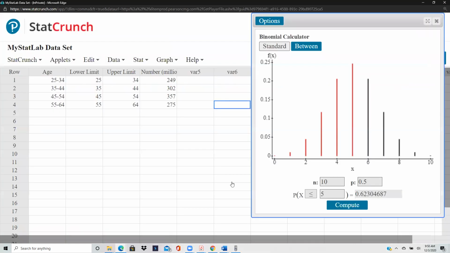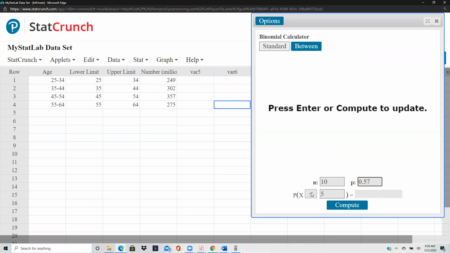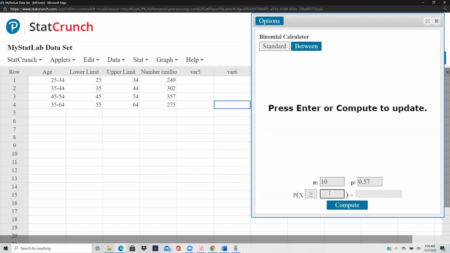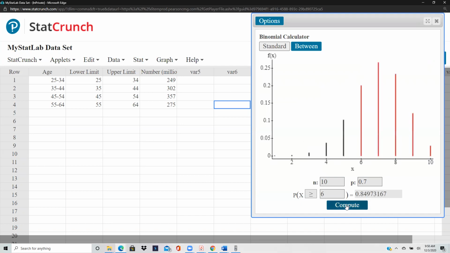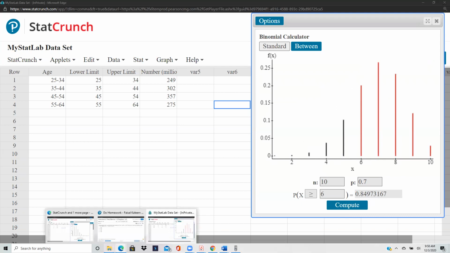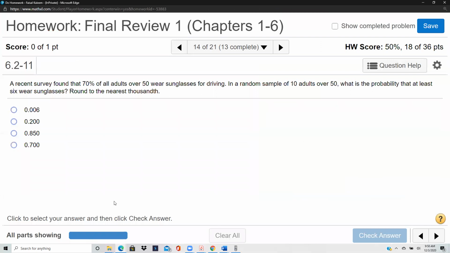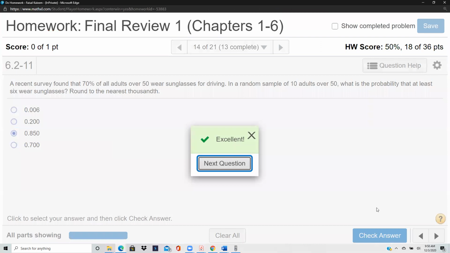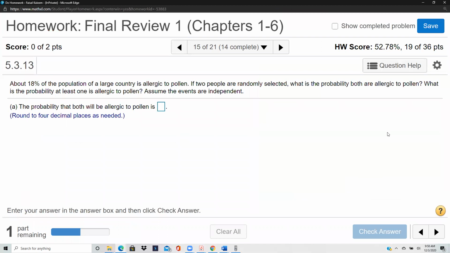So 0.7 and greater than or equal to 6. 0.8497. Yep. Okay.